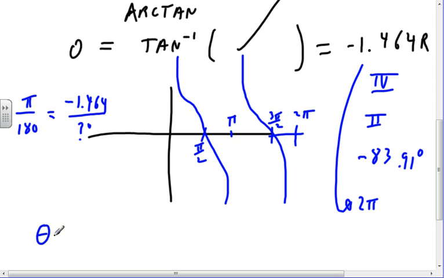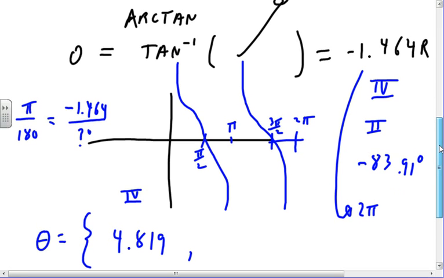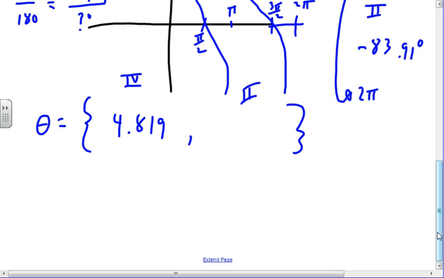Okay, so theta is going to be 4.819, and that's going to be in the fourth quadrant. Now I need to find a second quadrant answer before I can go home, or I die of old age, whichever comes first. All right, so that's the fourth quadrant answer.